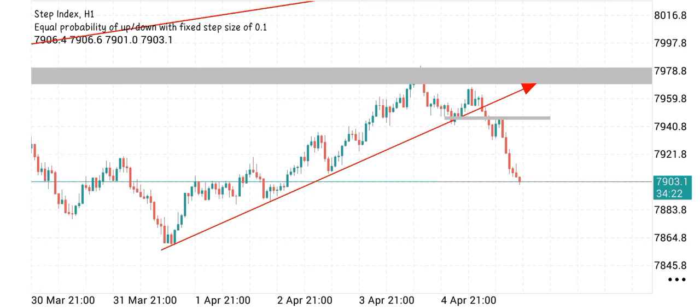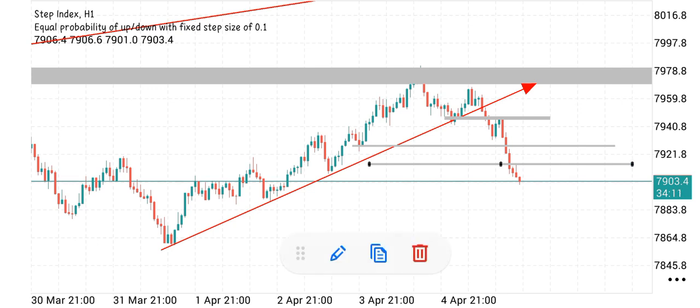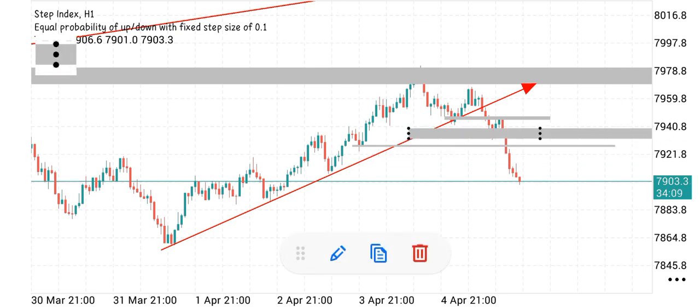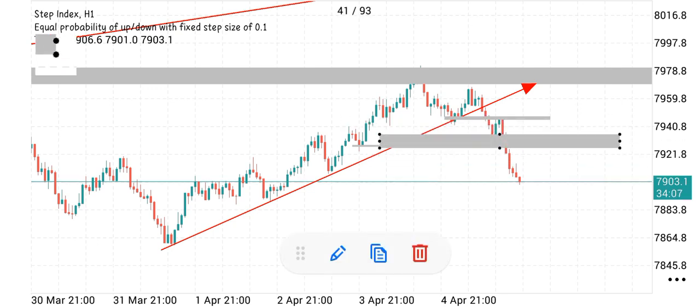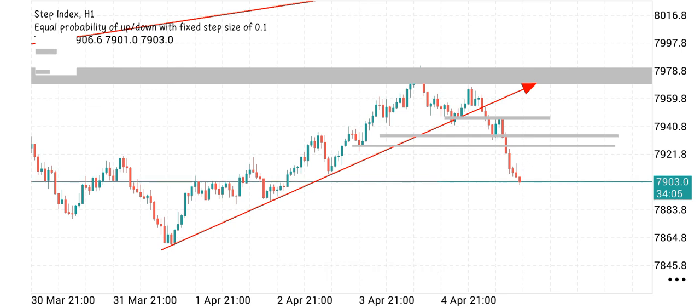One of the levels is this, we have this level, and we also had this level. So I want to see the market coming back into this level, probably if it comes back to that area.